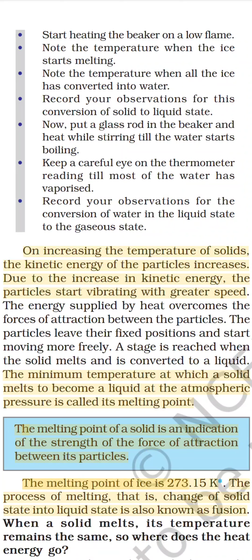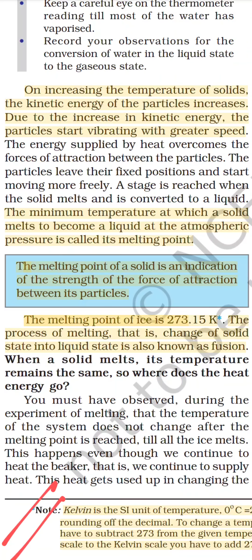So, where does the heat energy go? You must have observed during the experiment of melting that the temperature of the system does not change after the melting point is reached, till all the ice melts.